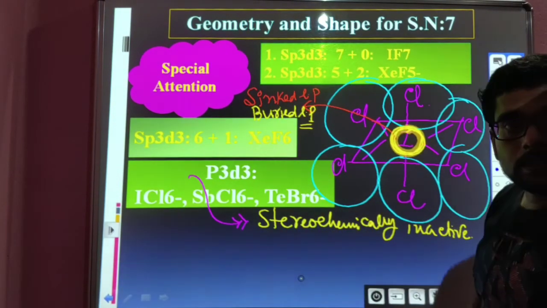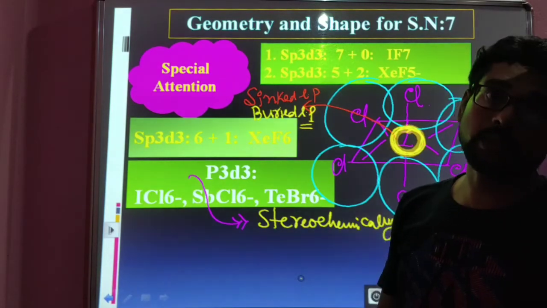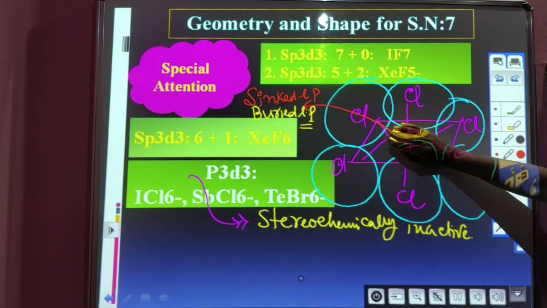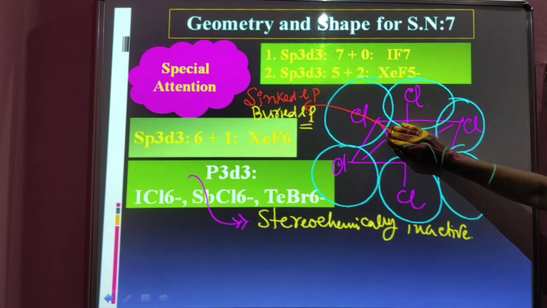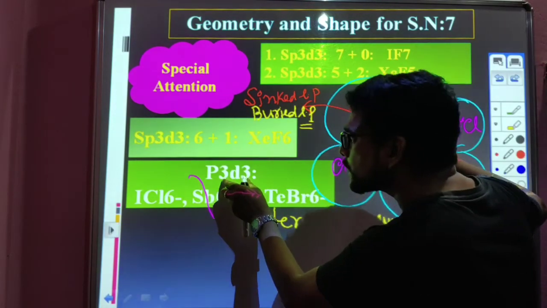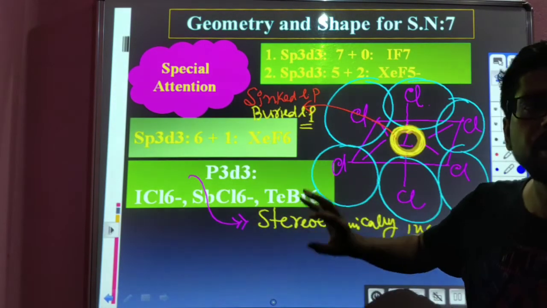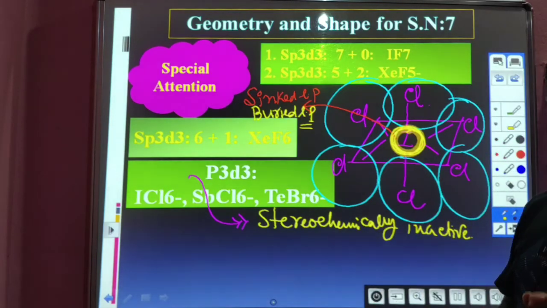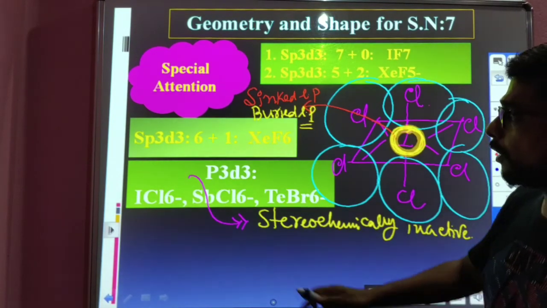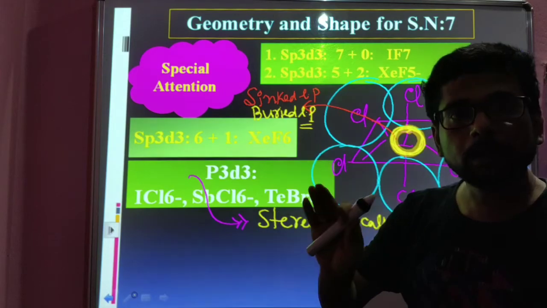So what will be the geometry and what will be the shape? See, this lone pair does not take part in hybridization, and this hybridization is known as sp3d3 hybridization, because the s electron of iodine does not take part in hybridization.